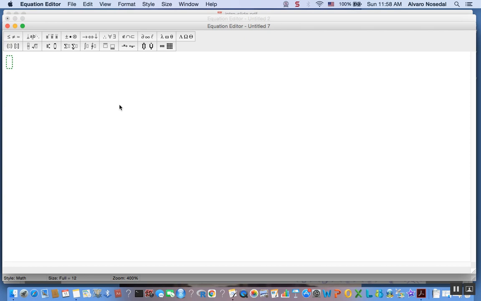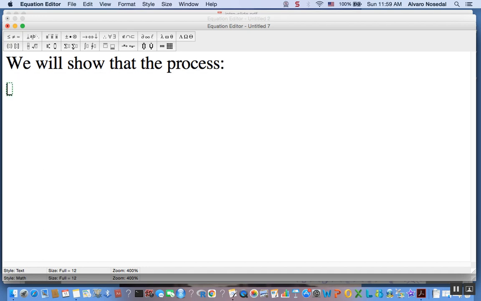We will show that the AR1 process can be expressed as a moving average. Let me use A as the only coefficient that we have for that autoregressive process of first order.